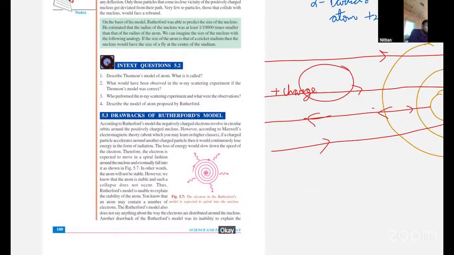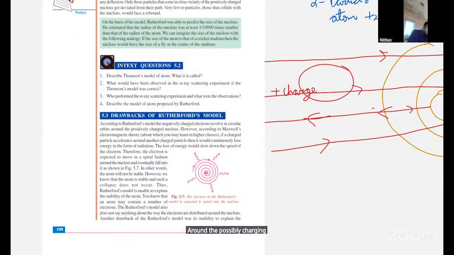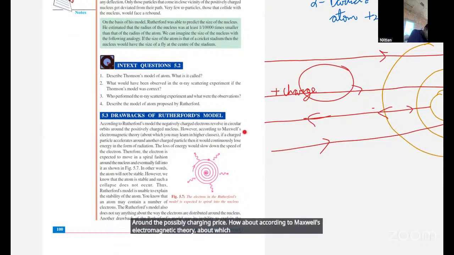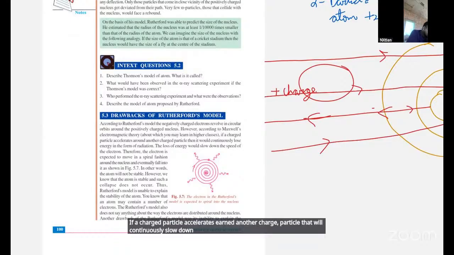Okay, so we'll read this. Who will read? Joshua will read this. Yes, Joshua. According to Rutherford's model, the negatively charged electrons revolve in a circular orbit around the positively charged nucleus. However, according to Maxwell's electromagnetic theory, about which we may learn in higher classes, if a charged particle accelerates around another charged particle, then it will continuously slow down and lose energy in the form of radiation.